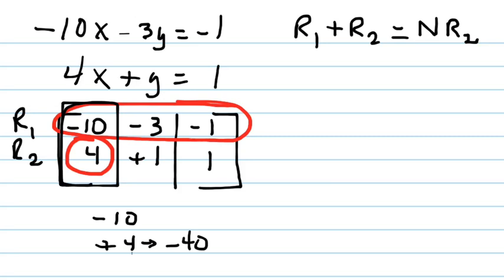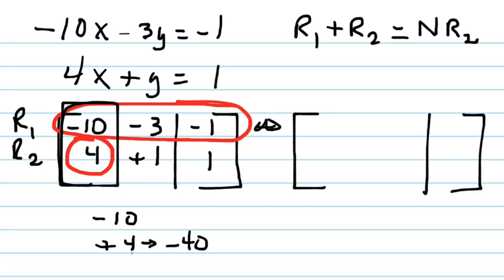So let's do our row operations, okay? Remembering that I'm going to get a new matrix when I do this, right? And when I get that new matrix, whatever row I'm using won't change. So I'm still going to get row 1, but I'm going to get new row 2.